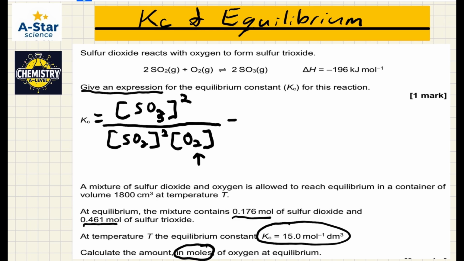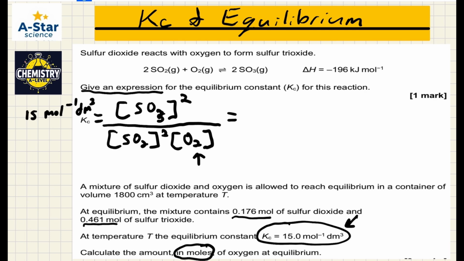Now, how can we find the moles of oxygen present? Well, we can use the information that they've given us because we know that Kc equals 15 mol^-1 dm^3. So here on this side, I can write that this whole thing will equal 15 mol^-1 dm^3.